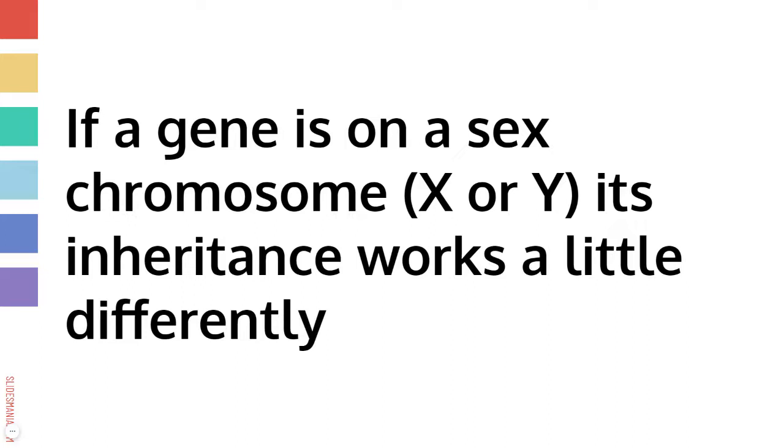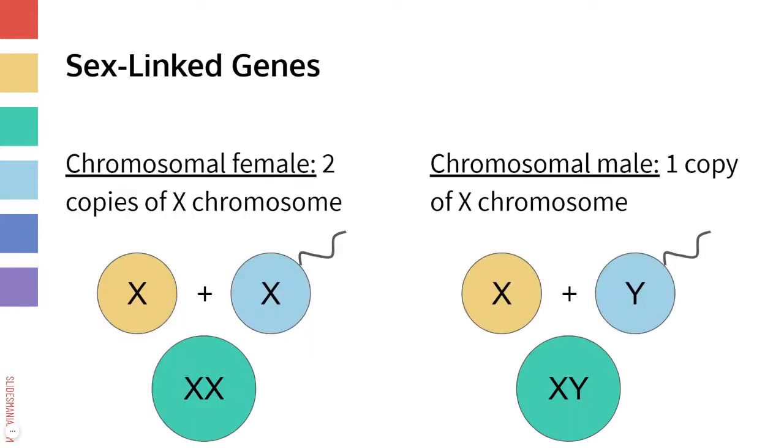So, to start out, let's just remind ourselves the difference between somebody who is chromosomally female and chromosomally male in terms of the kinds of sex chromosomes that they have. So, this is true at least in mammals, where somebody who's chromosomally female is going to have two copies of the X chromosome. So, they'll have inherited one copy of the X from the egg.